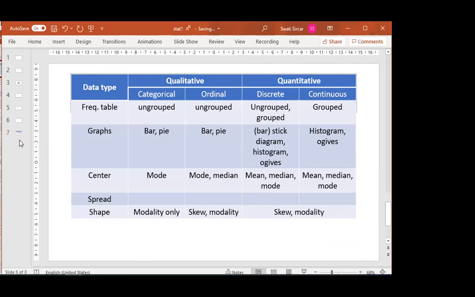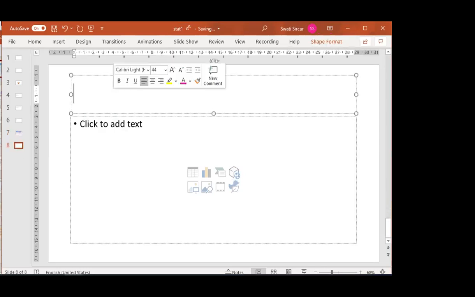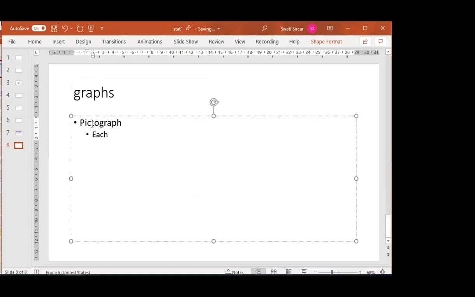Okay. So the first one is a pictograph, with each symbol having frequency 1.